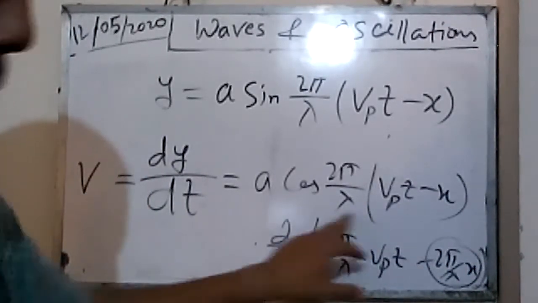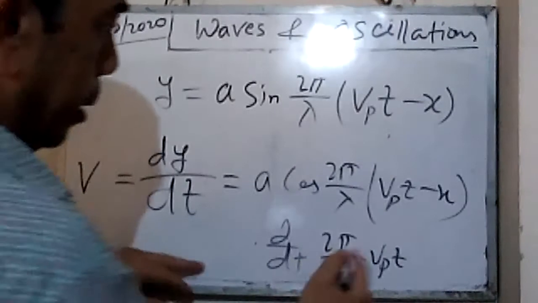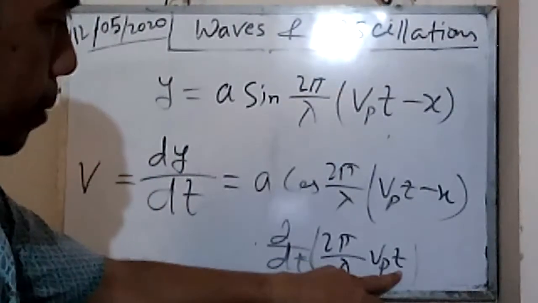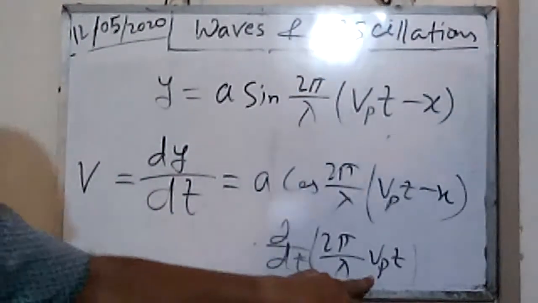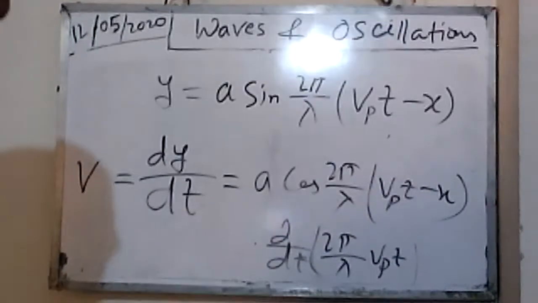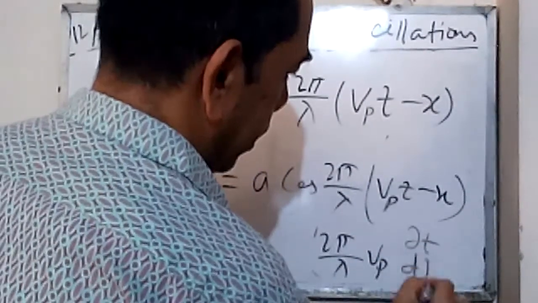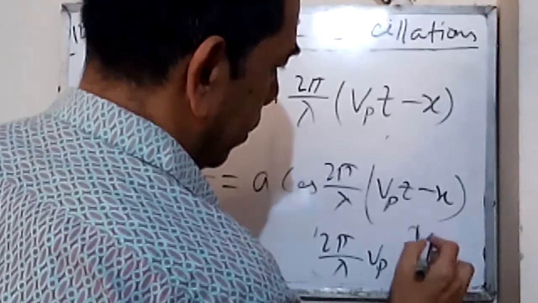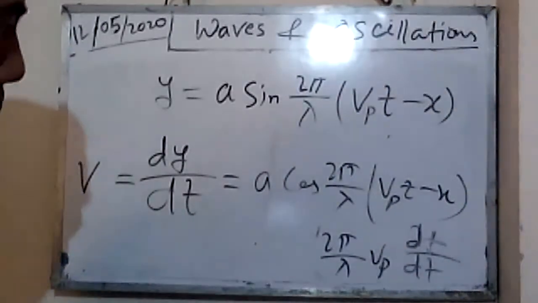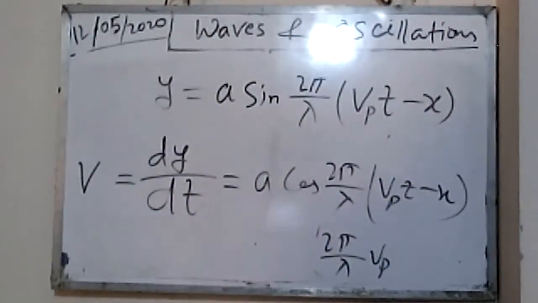Now differentiating the other term, 2 pi by lambda vp is constant, and dt by dt is 1. Then you will get only this one.